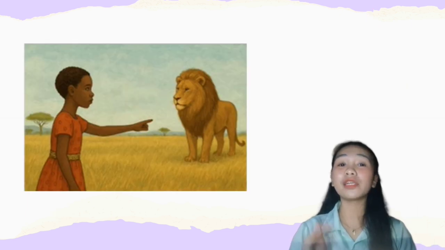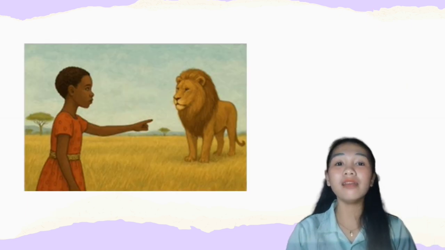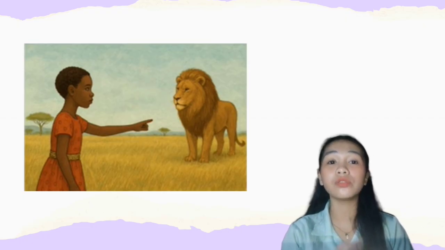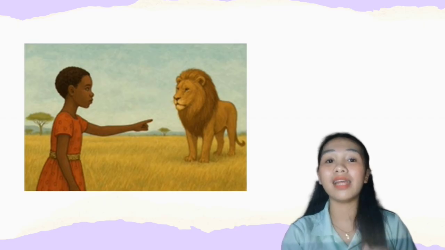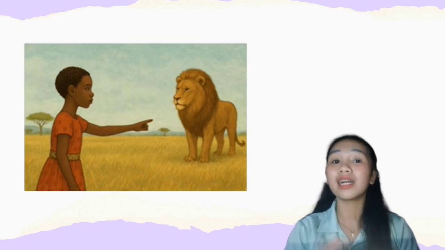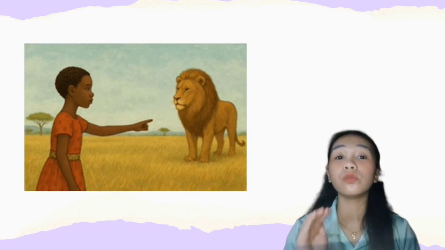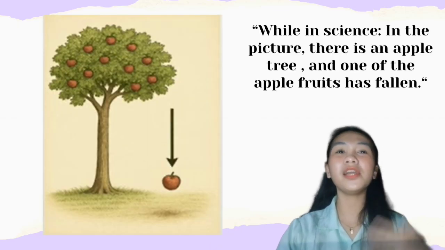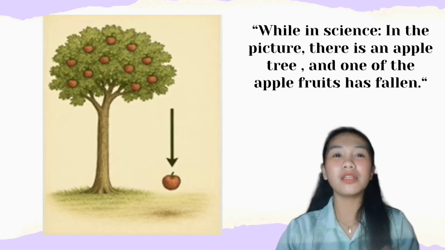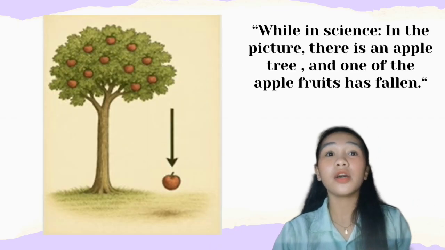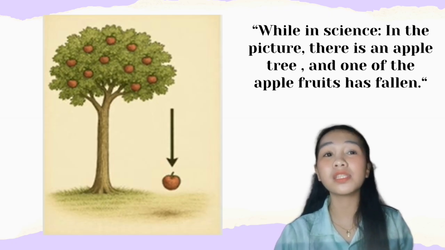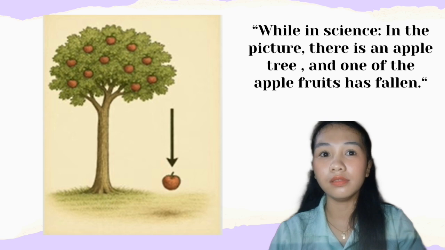In a South African folktale, the lion's whistler, when the girl reaches out her hand towards the lion, her arm acts like a visual vector, guiding our eyes straight to the lion. Let's have another example. As you can see in the picture, there is an apple tree and one of the apple fruits has fallen.